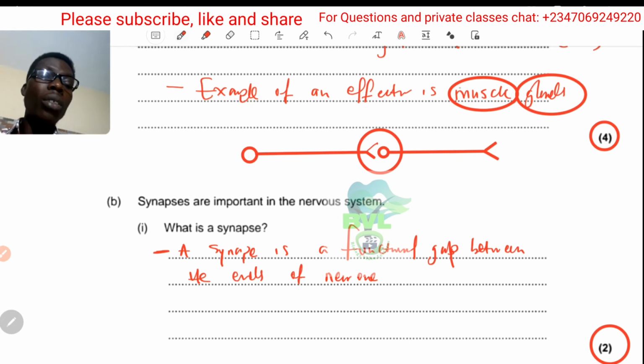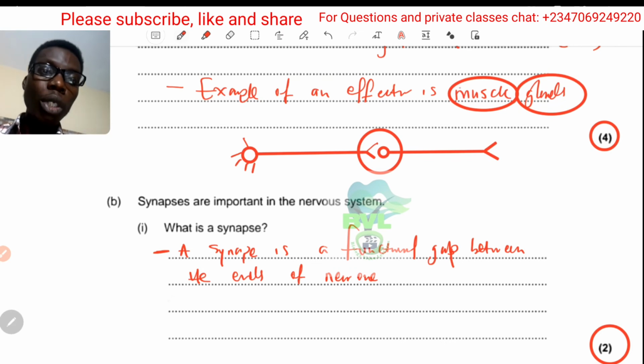So, neurons are never joined directly. There's a space between them. So, a synapse is the gap between the ends of neurons. If you say just between neurons, you are not specific. It has to be the ends. Of course, this is a rough sketch. It has dendrites like that, then dendron, then the cell body. So it means the space, the connection between the 2 ends of the neuron, not a connection, the gap, really.